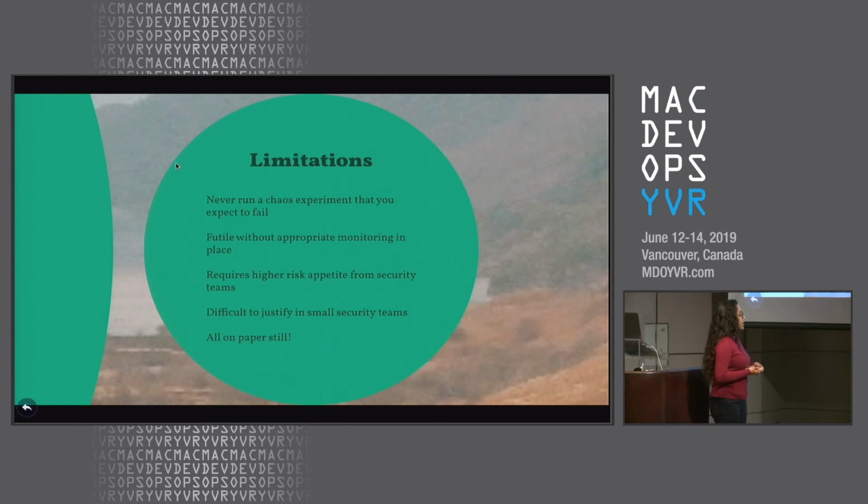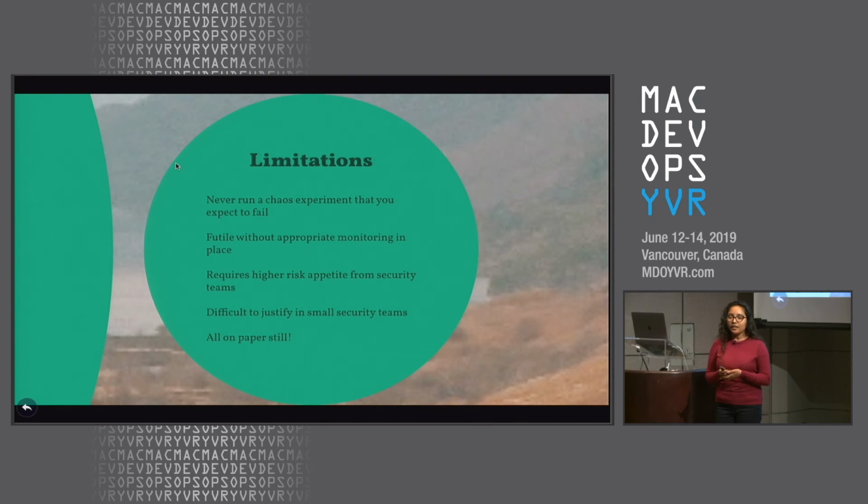And all of this, especially from the security point of view, is on paper still. So this is a thought experiment that I've done in conjunction with some of my friends in the industry. This is all in my own time that I've been doing after work, thinking about how chaos engineering can help us in security. This is a very popular SRE practice, and it is believed to be working perfectly well for them.